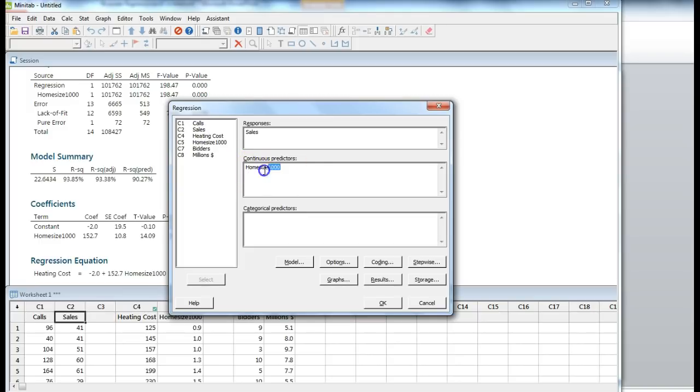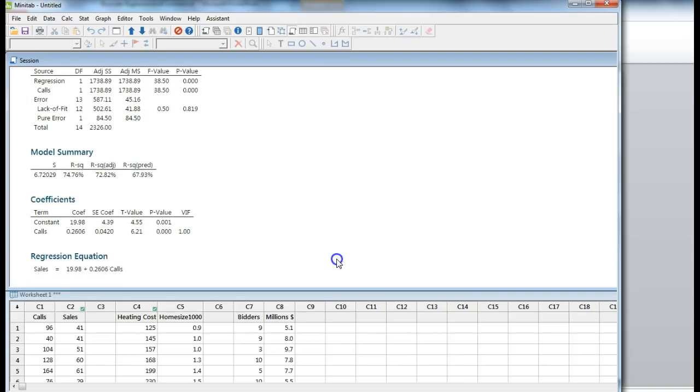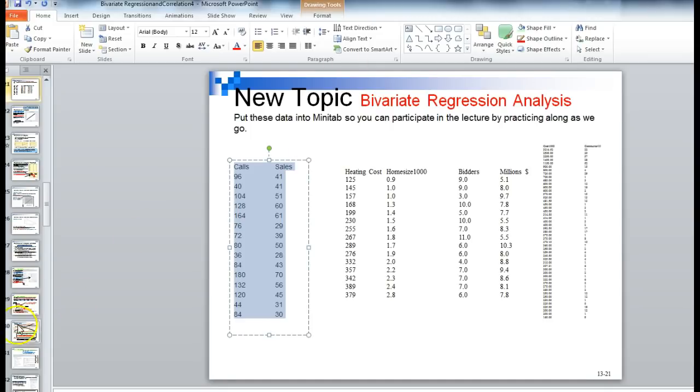Sales, and calls is my continuous predictor. So calls affect sales. And here is the output that I get. Calls and sales. Sales are in thousands, I believe. Oh, no, sales are numbers. Those are numbers of copiers sold.